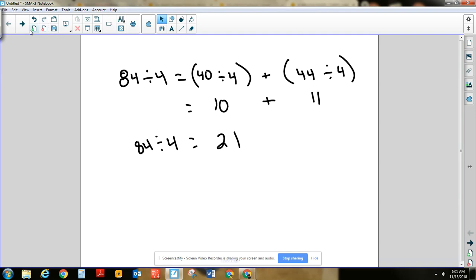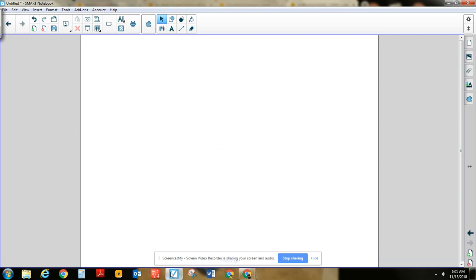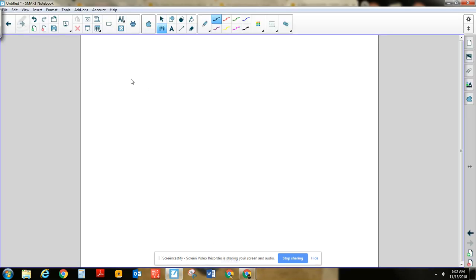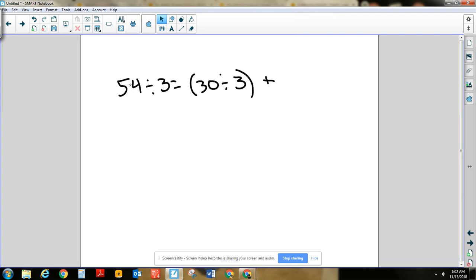Let's take a look at another problem. 54 divided by 3 equals, we're going to distribute this 54. Right away, I can see 30 in it. 30 divided by 3 plus, if I took 30 out, how many do I have left? 24 divided by 3.